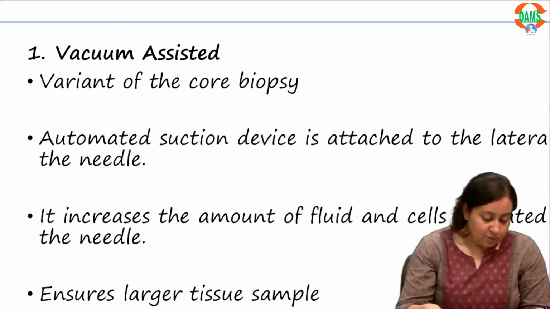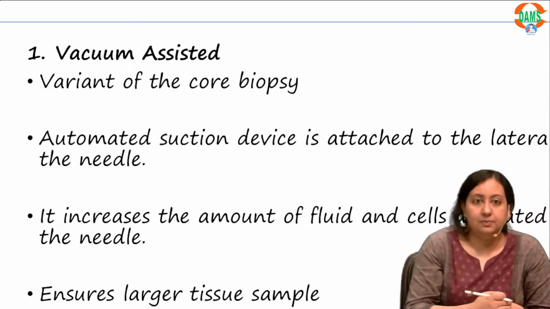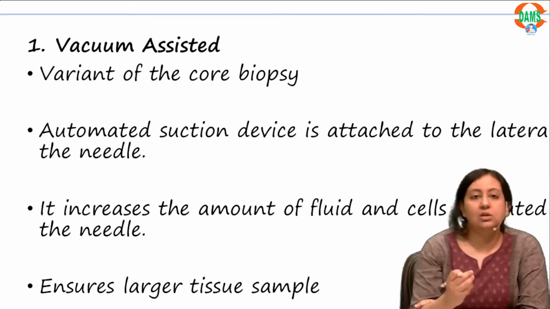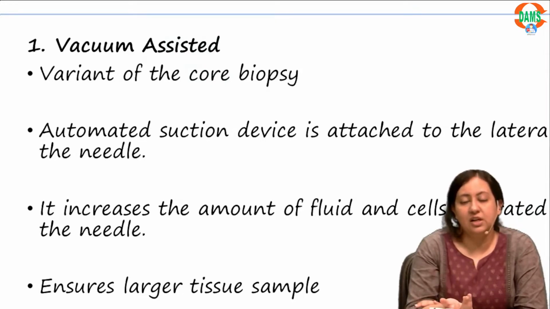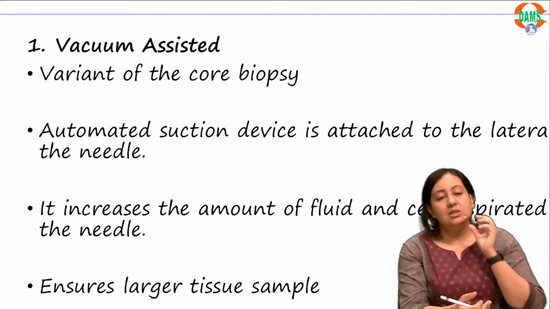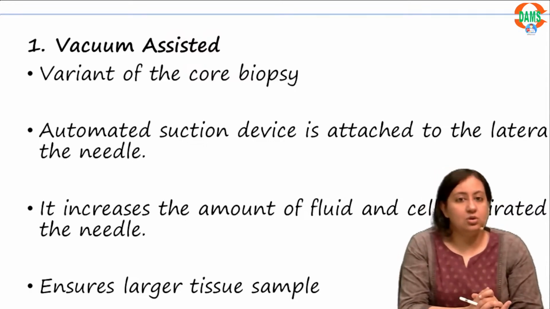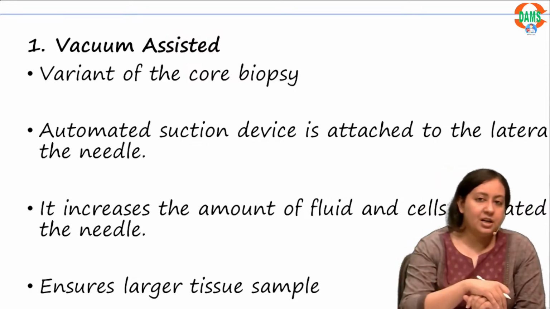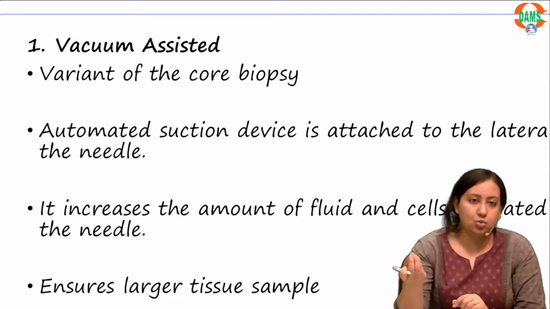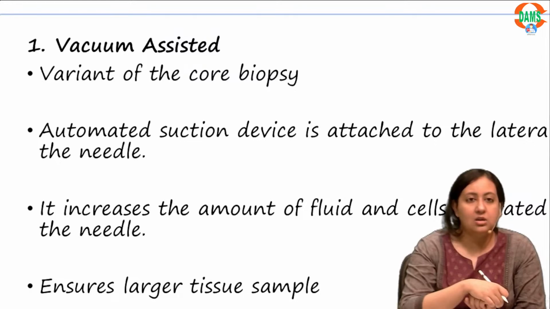The first one is vacuum assisted. It is a variant of true cut or core biopsy. The needle is attached with an automated suction device. Once the tissue is engaged into the needle, it creates a suction pressure. With the help of suction pressure, you can harvest more cells and more tissue into your true cut needle.